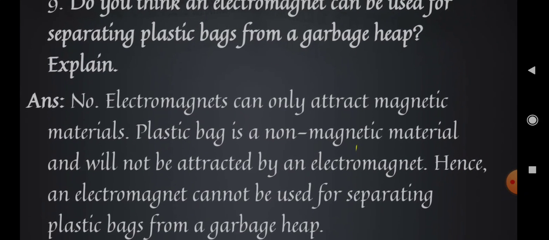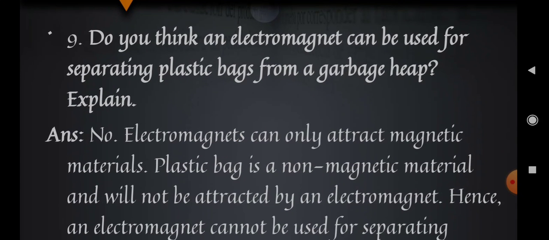Now the next question is: do you think an electromagnet can be used for separating plastic bags from a garbage heap? Explain. As you know, a magnet always attracts magnetic materials like iron, nickel and cobalt. Except these three, if it is plastic or any other material, it will not attract.